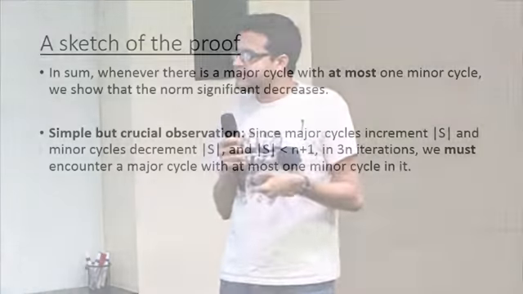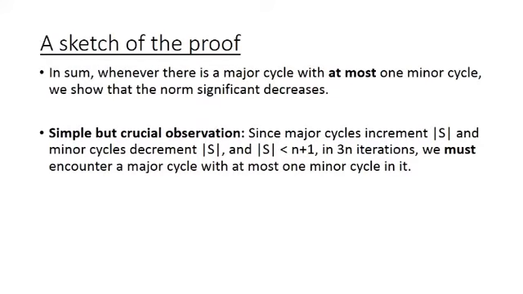Well, here's a very simple but crucial fact: minor cycles are increasing the size of S, major cycles are decreasing the size of S by 1. So if you have this major, major, minor, minor, major, major, minor, minor, this cannot happen for long without having one major cycle with at most one minor cycle in it.